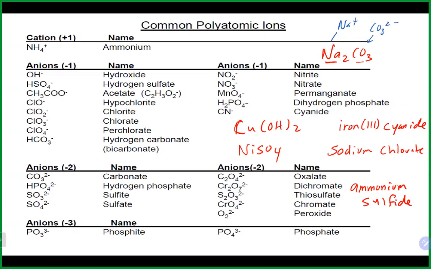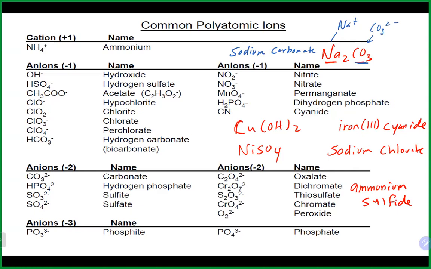We'll use the whole name of the metal, which would be sodium, and we would use the whole name of the polyatomic ion, which would be carbonate. Any questions on that? Just like with type 1, it doesn't matter. There's 2 sodiums, has no effect on the naming. Any questions on that one there?